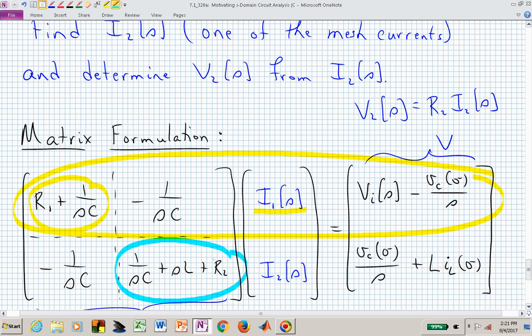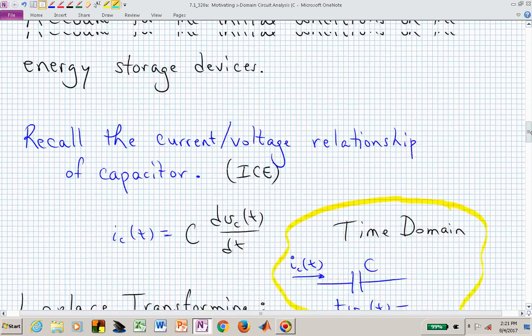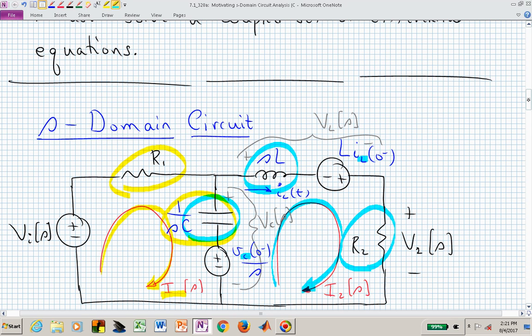The sum of those impedances would then be in the 2, 2 entry of our impedance matrix. The off-diagonal terms are actually going to be the negative of the impedances that are shared by those respective mesh currents. In this case, we only have 2 meshes, so we only have one possible way that they could share. If we go back to our circuit, that capacitor is shared by I1 and I2.